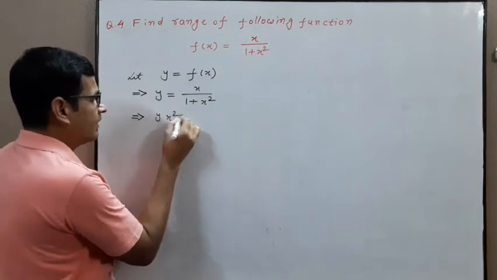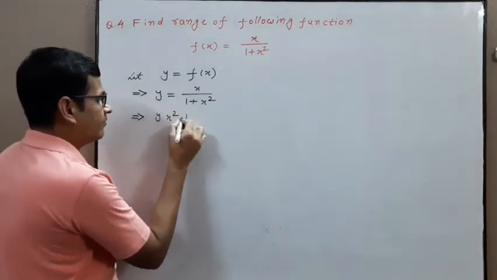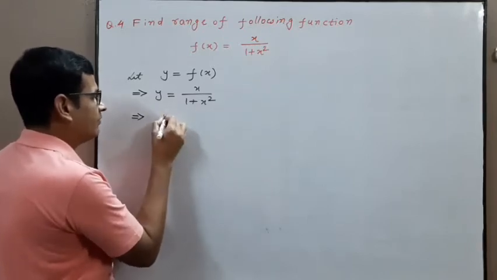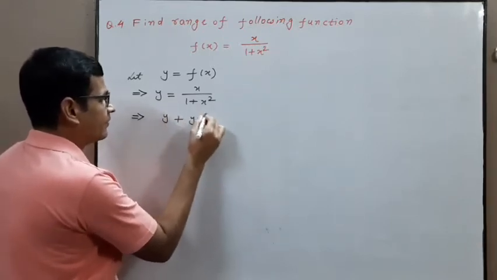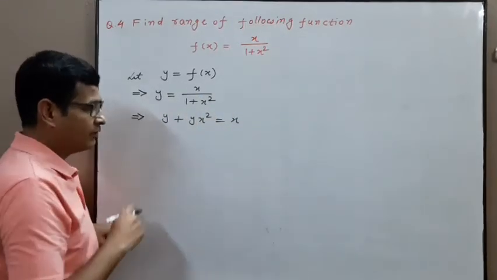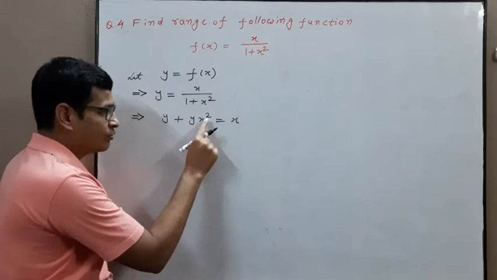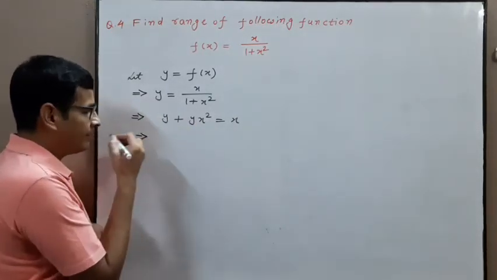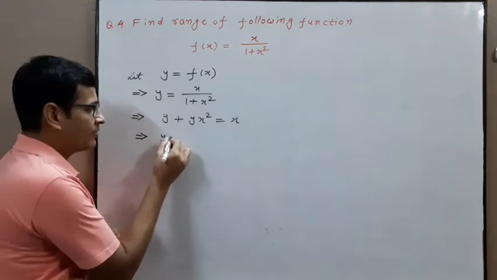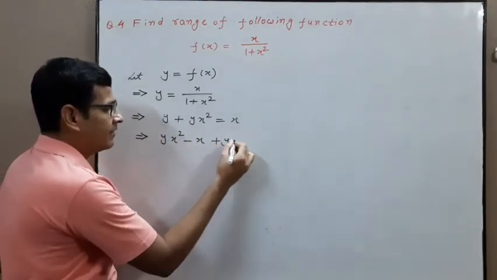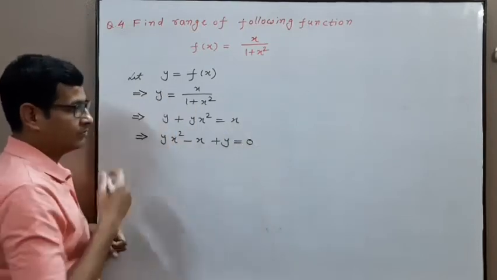So y into x square plus y into 1, y plus yx square is equal to x. Now we have to find the value of x, and the power of x is 2, means this is a quadratic equation. So please rearrange and apply the quadratic formula. So yx square minus x plus y equal to 0.